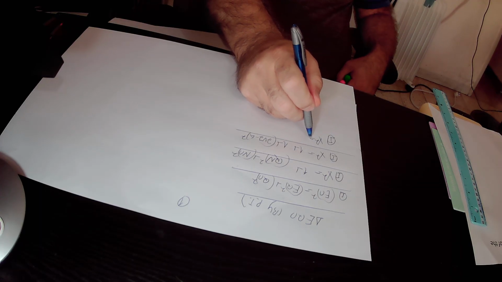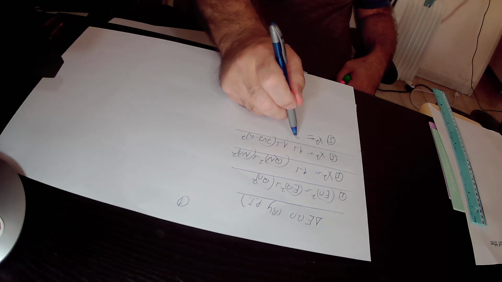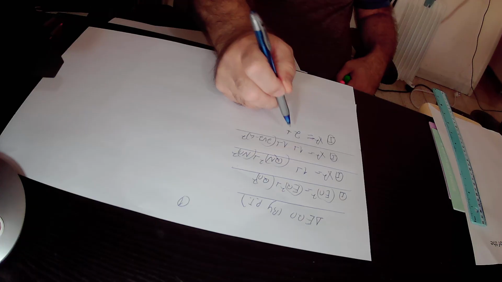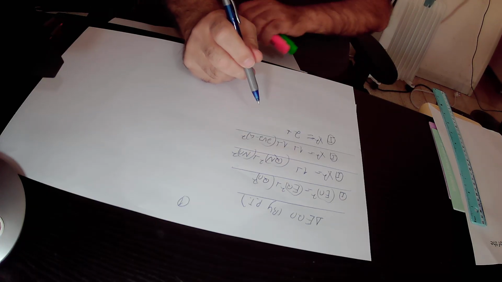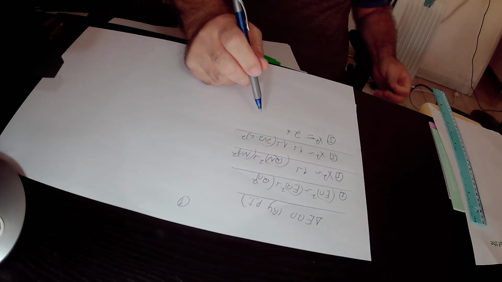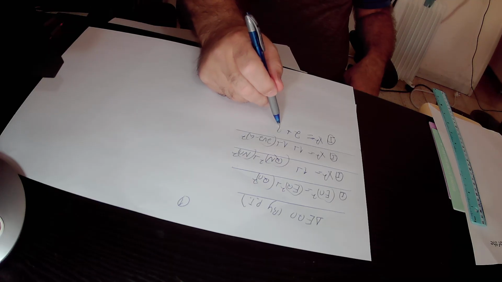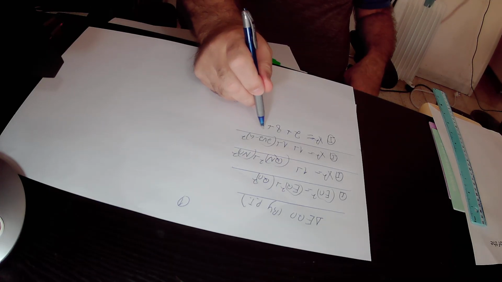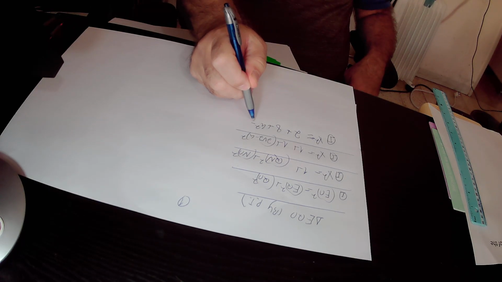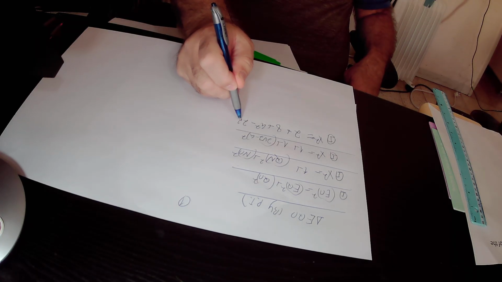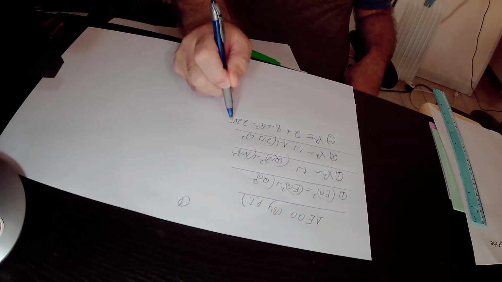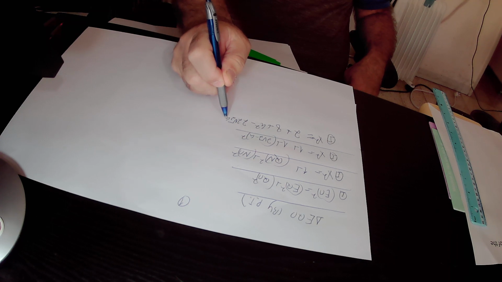So x squared equals 1 plus 1 is 2, plus 2 times square root of 2 squared, that is 8, plus a squared, minus 2 times 2 times square root of 2 times a.